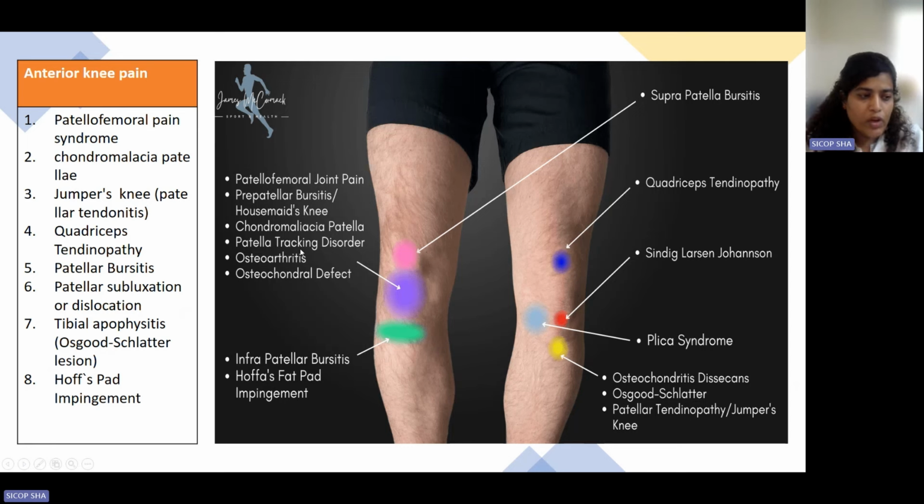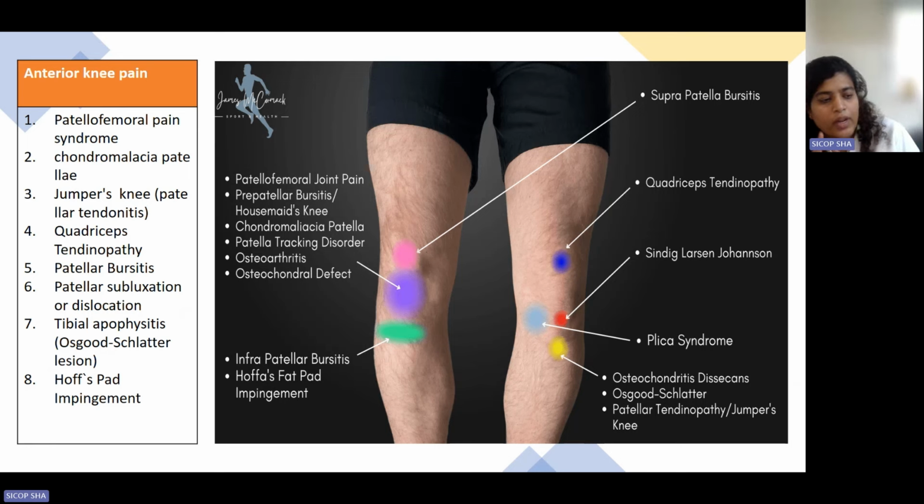Although it may be difficult for the patient with anterior knee pain to be very specific while pinpointing the area of the pain, we need to be very particular about asking the patient where the pain is being felt, because it gives an important clue to which structures might be involved.